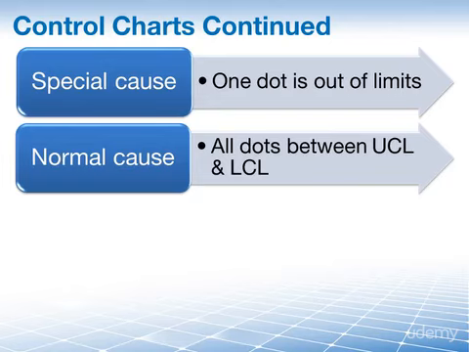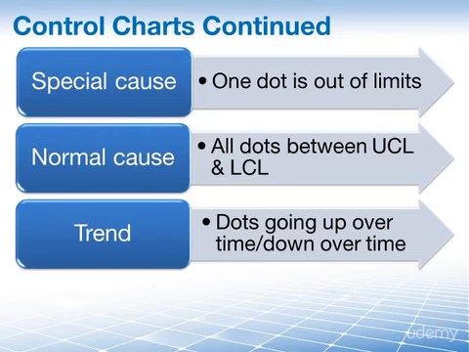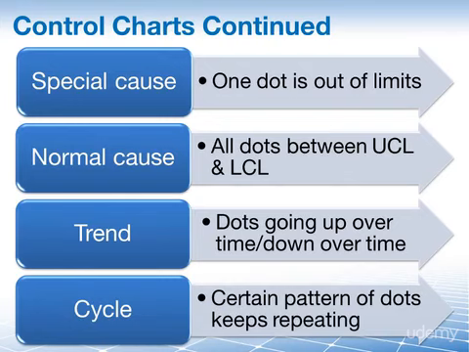If your dots are going up over time or going down over time, this is what we call a trend, and this trend should be investigated. And if a certain pattern of dots keeps repeating again and again, this is called a cycle. Again, this should be investigated to see why this cycle is happening.